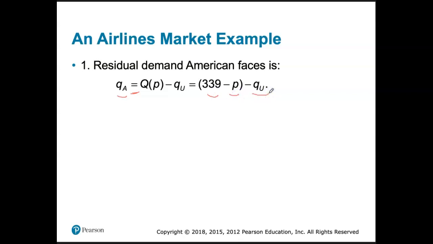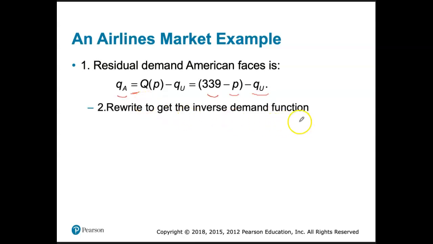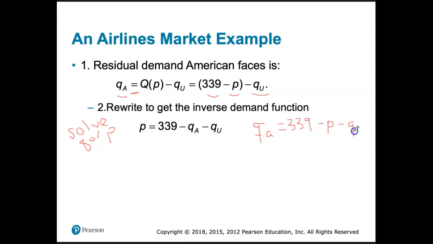Once we get that, we follow step 2, which is to rewrite to get the inverse demand function. Essentially, we solve for P. So we have QA equals 339 minus P minus QU.